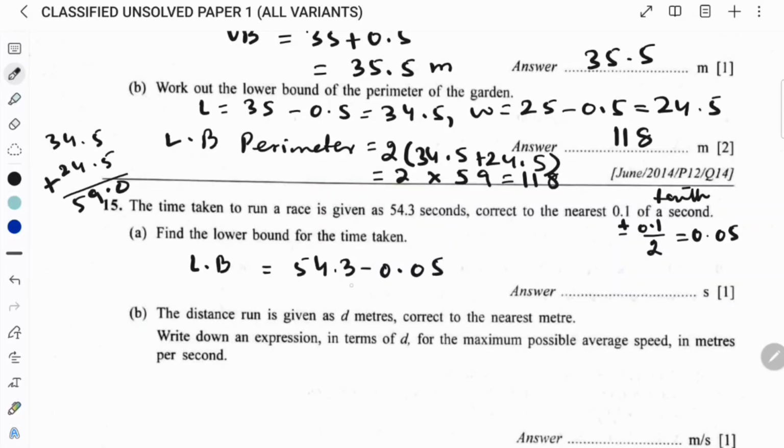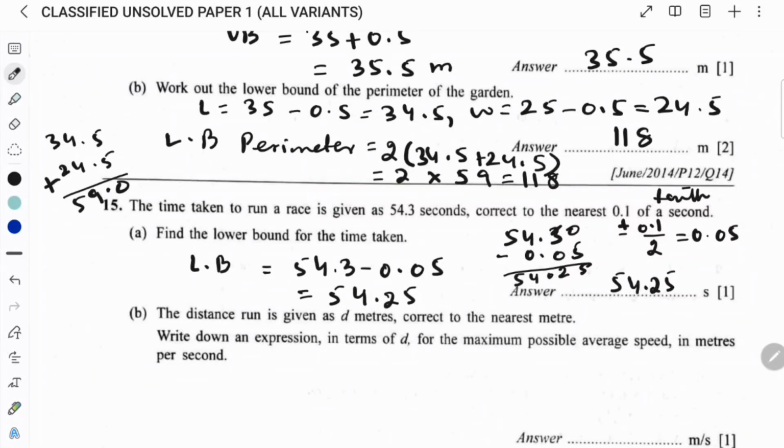Subtracting, we borrow, and that gives 54.25.